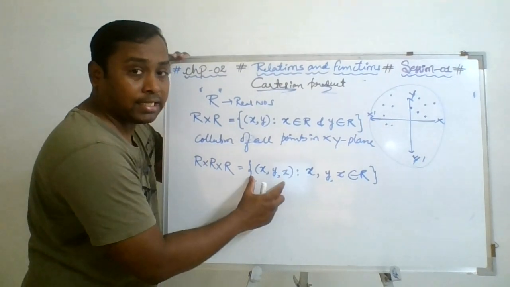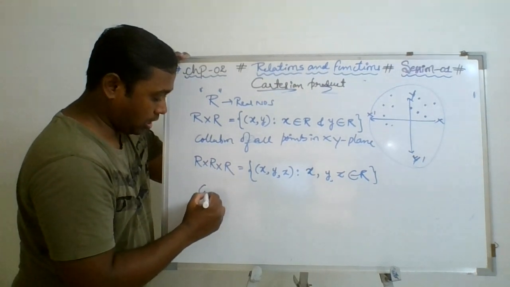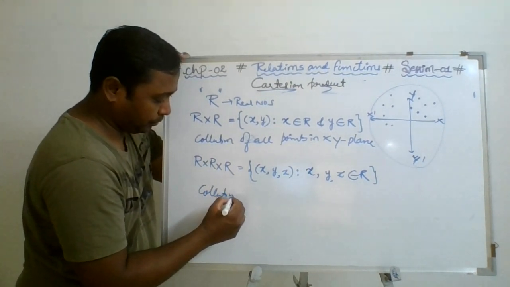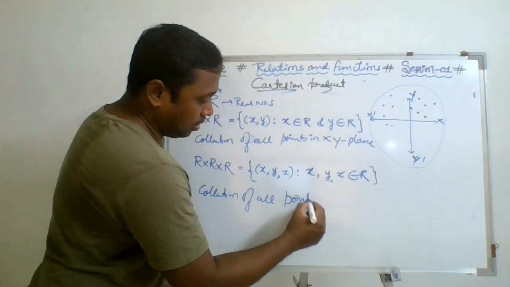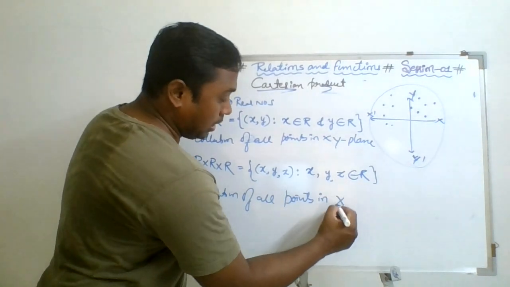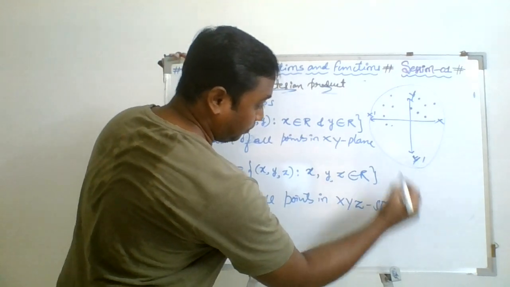When we plot this in space, it will give the collection of all points geometrically, all points in x, y, z space.